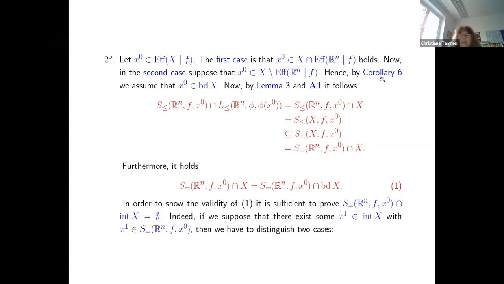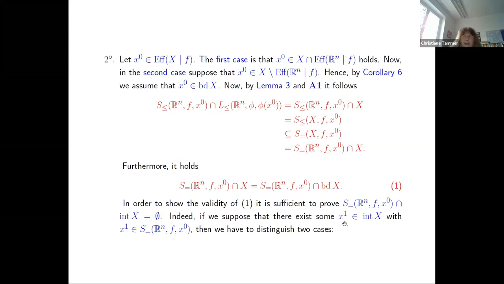Using our results mentioned before, we can assume that x0 belongs to the boundary of X. And again, using lemma 3 and the assumption A1, we get this inclusion. Furthermore, we have to show that this equality in 1 is true, and for this it is sufficient to show that this intersection here is empty.